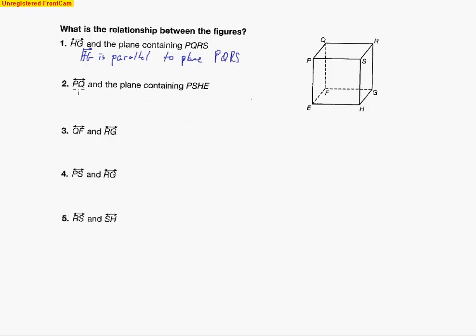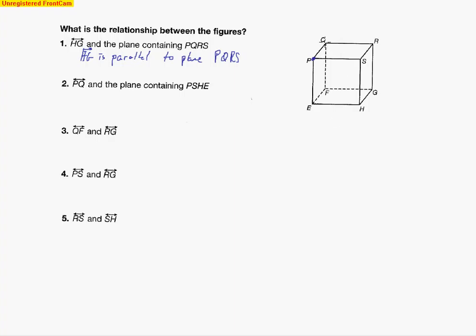So let's take a look at the next one. It says PQ, so PQ is this way right here, and plane PSHE. Notice how PQ is going right through this plane PSHE, and this plane extends forever to the left and to the right, up and down.